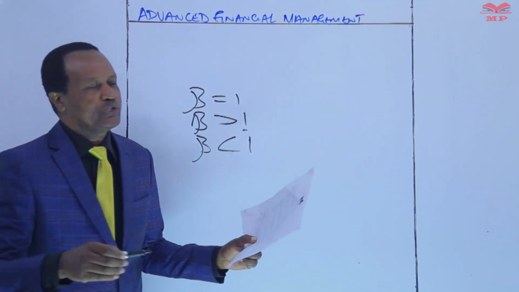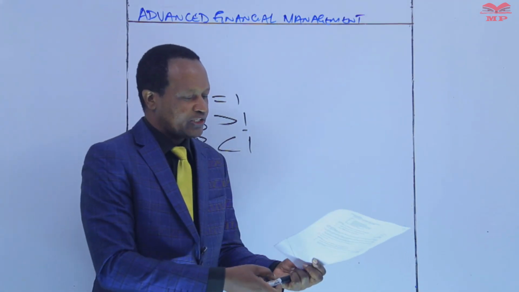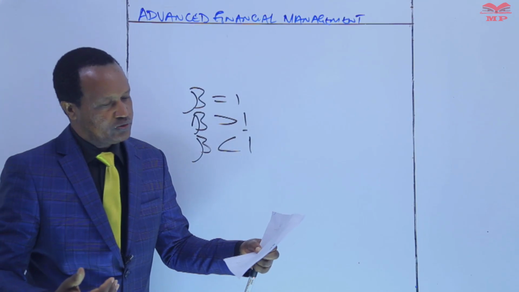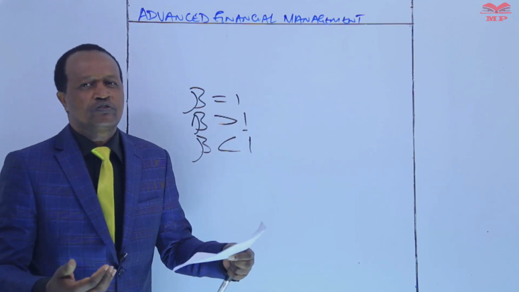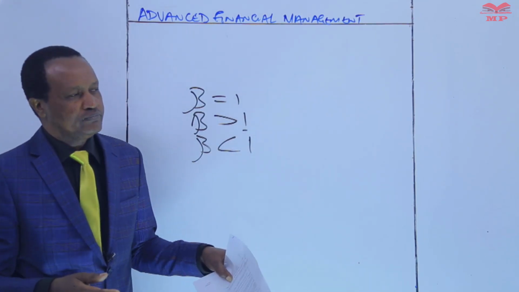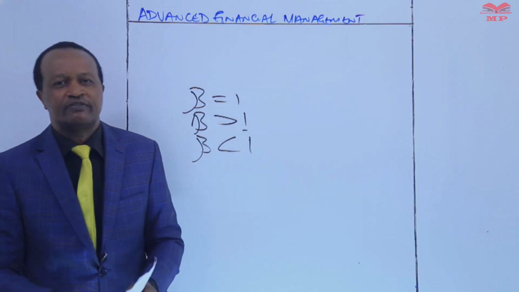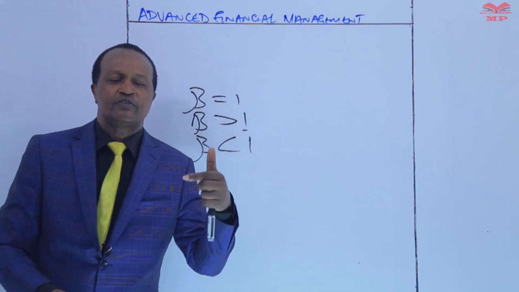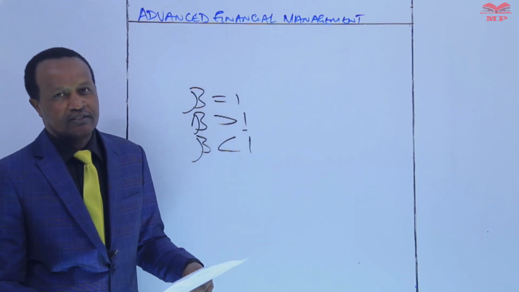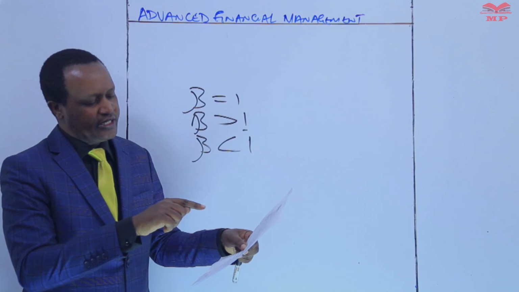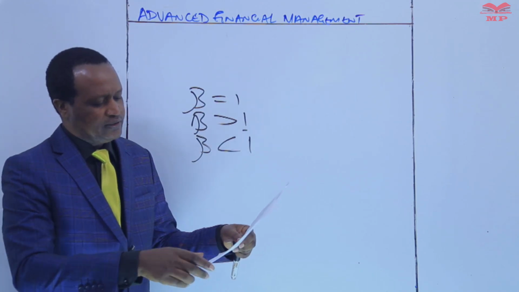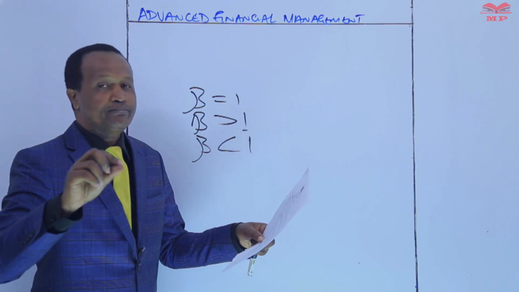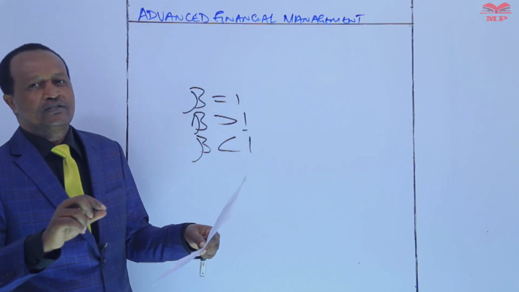So what is a security market line? A security market line is a graphical representation of the CAPM, which helps investors understand the relationship between risk and return for different assets. So assets A and B lie on the security market line. What does that mean?